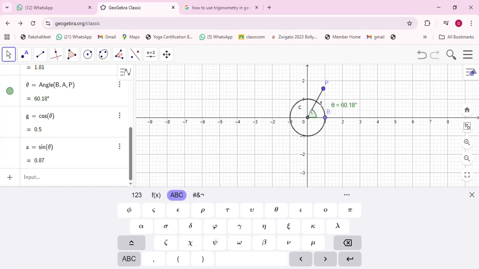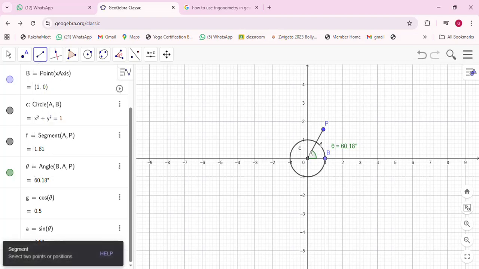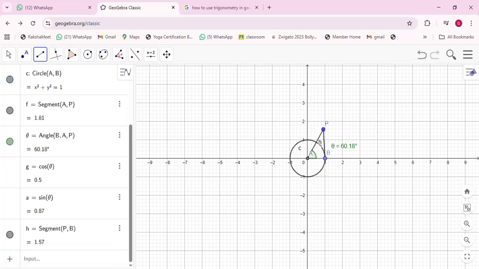If I join the lines PB, I can get this triangle as 90 degree. Sorry, I have already done it. So if I change this angle, I again get the sine and cos changes.